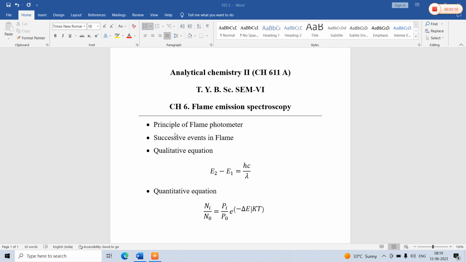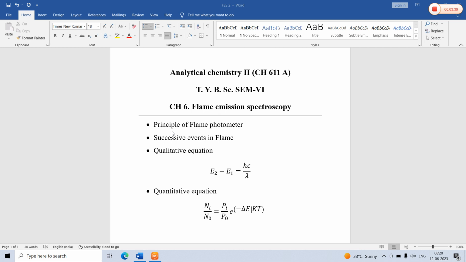The first, solvent is evaporated, the dry salt is converted into gaseous state, the third part is formation of neutral atoms or radicals, and the fourth part is the combination of these neutral atoms with the radicals to form metal oxides, which will give rise to the chemical interferences.